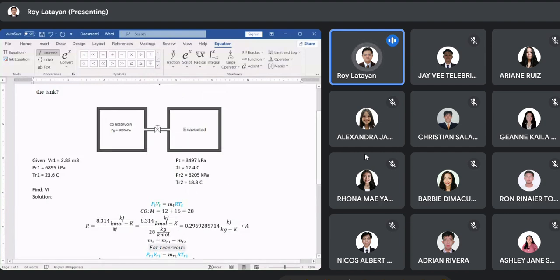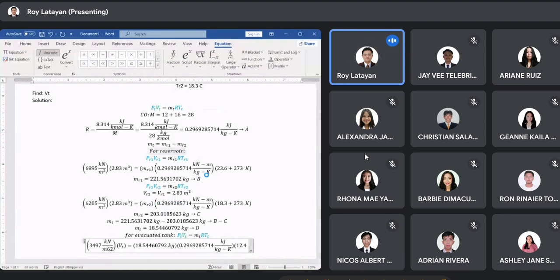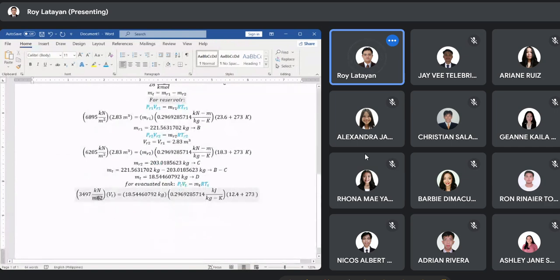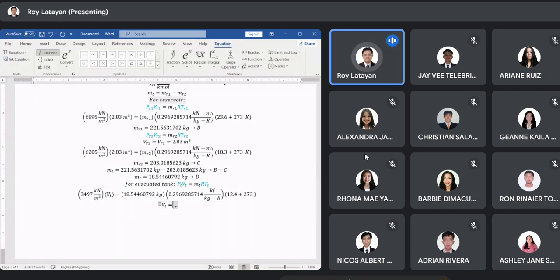Temperature ng tank is 12.4 Celsius plus 273 Kelvin. And we can get na yung value ng volume ng tank.